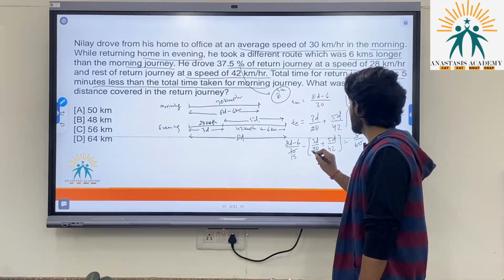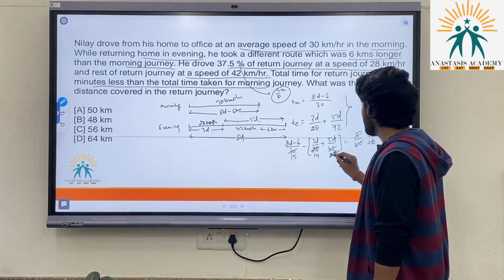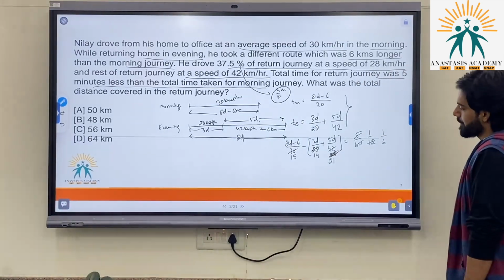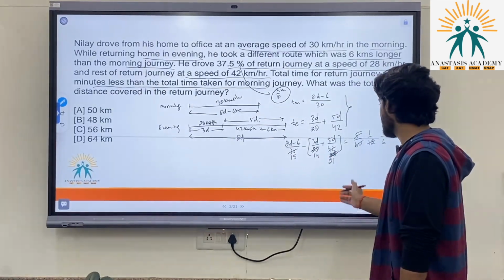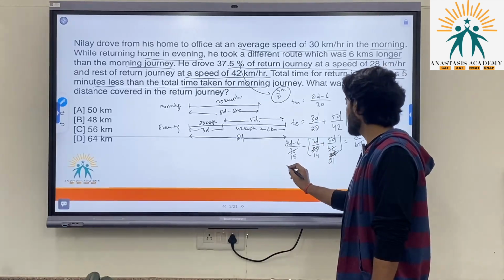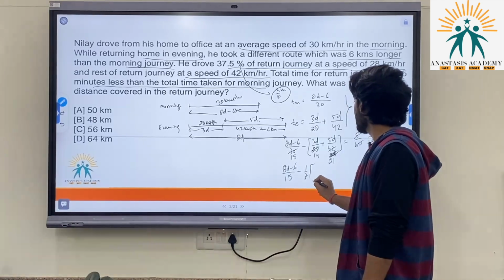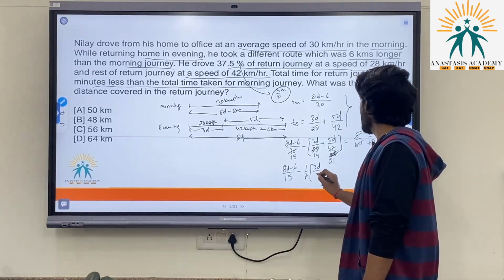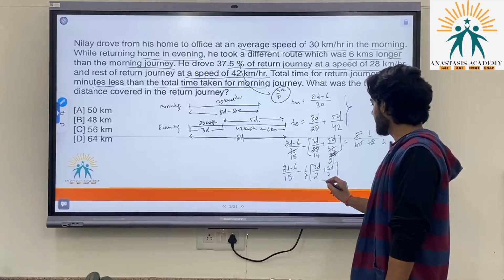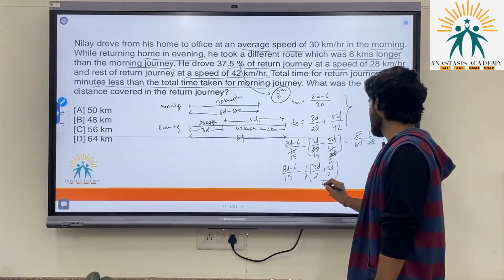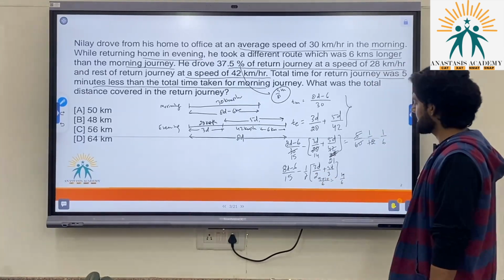This has become 15, this 14, and this has become 21. Now I can take 1 by 7 common from here, so it is (8D minus 6) upon 15 minus 1 upon 7 times (3D upon 2 plus 5D upon 3), which is 9D plus 10D, 19D by 6.